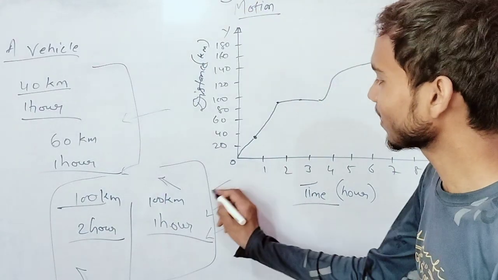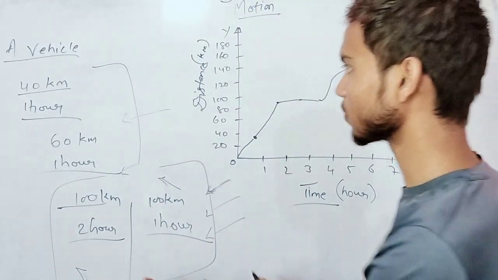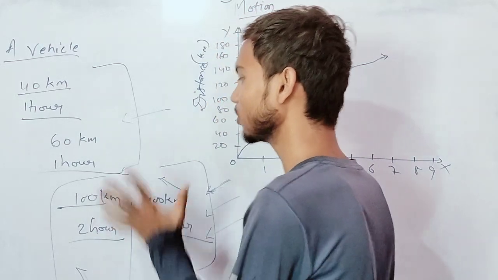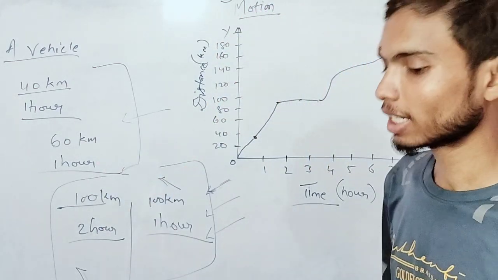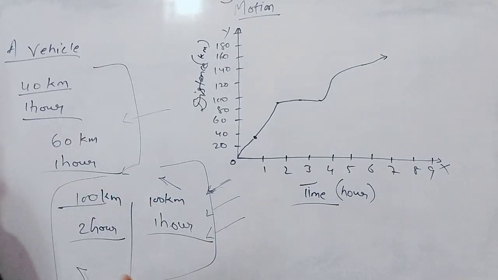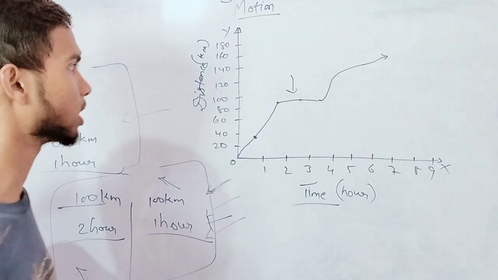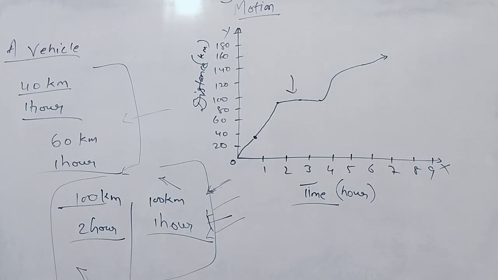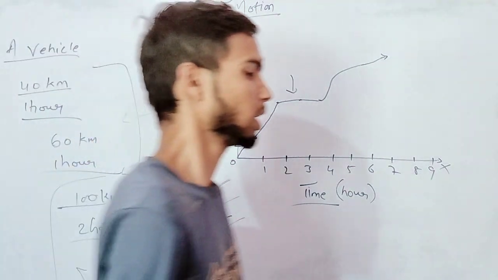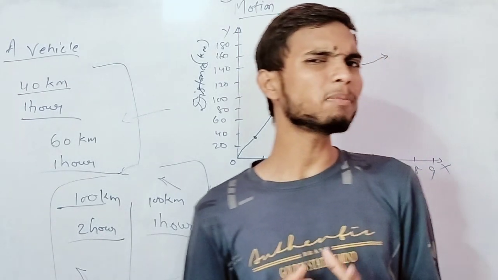Now, from here, can you tell me? From this you will understand that this vehicle was in rest, not in motion. You will observe that the vehicle was at rest. It is telling you that time is passing.